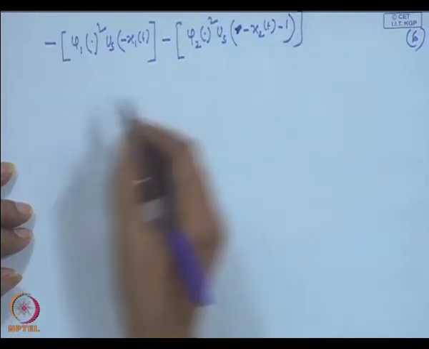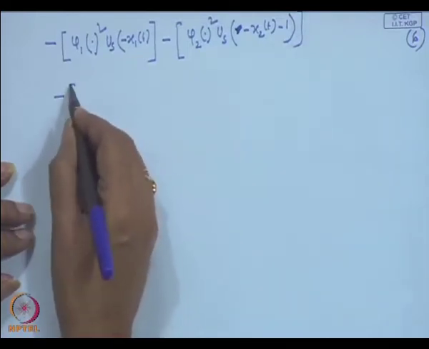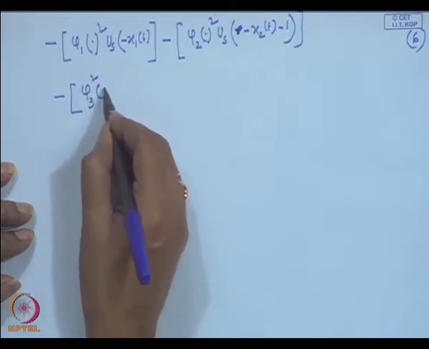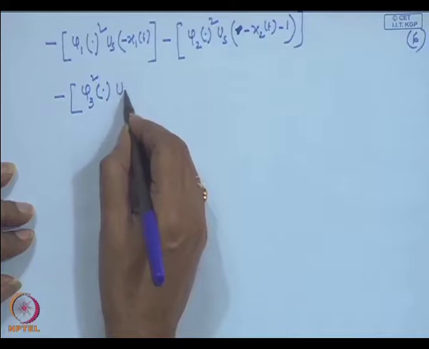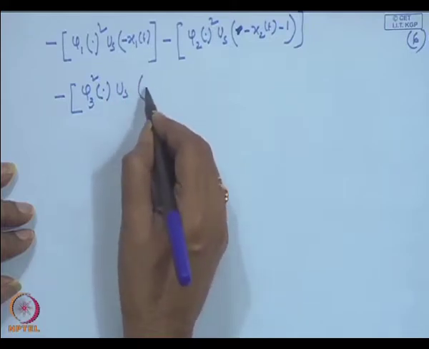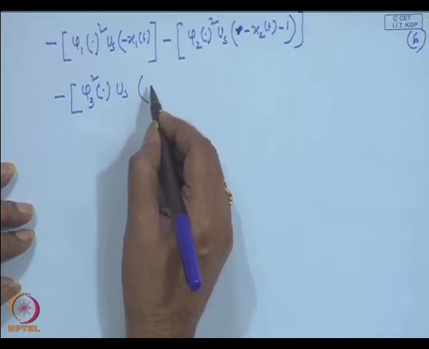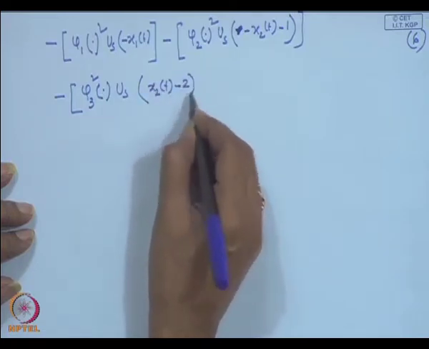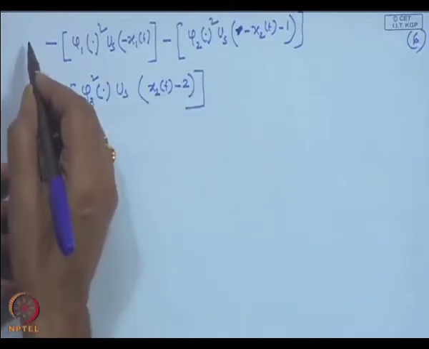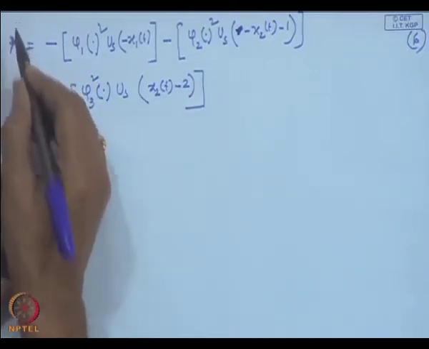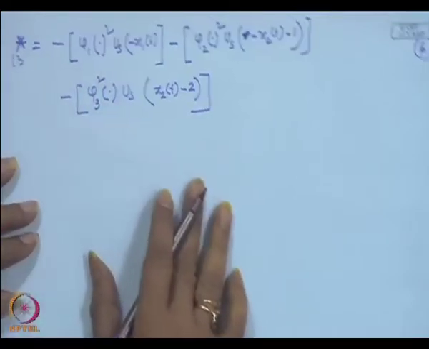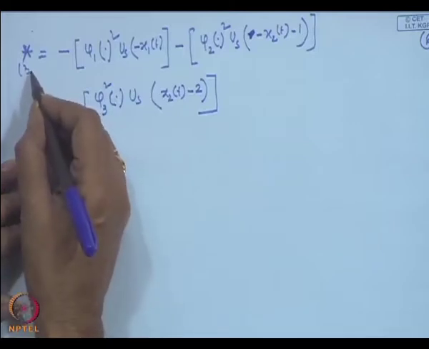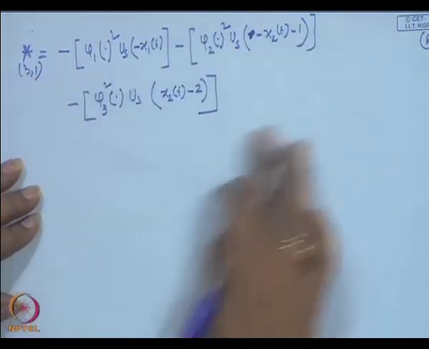Then third is minus psi 3 square dot u s. What is this psi 3 value? Psi 3 value is x 2 minus 2. So, this is the value of star, that means the 3 1 position.